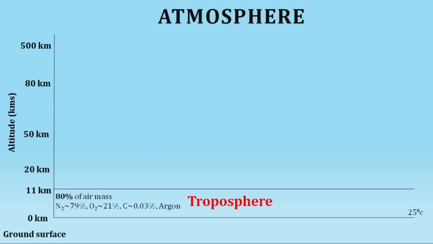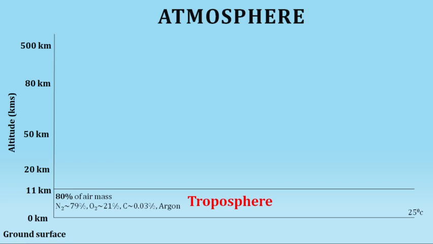As we move up in the troposphere, the temperature decreases in a uniform pattern. Sorry, at every 1 kilometer altitude, the temperature will drop by 6.5 degrees Celsius.